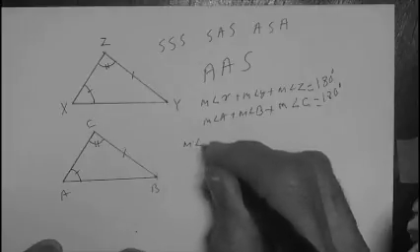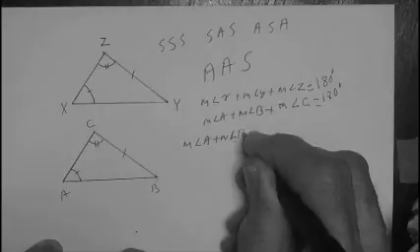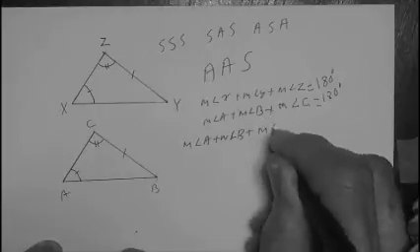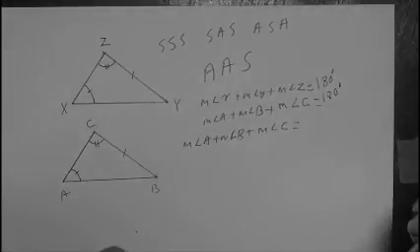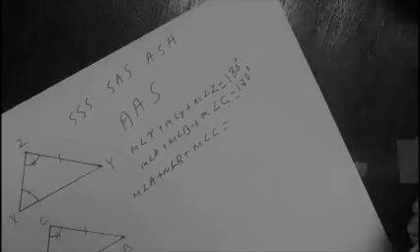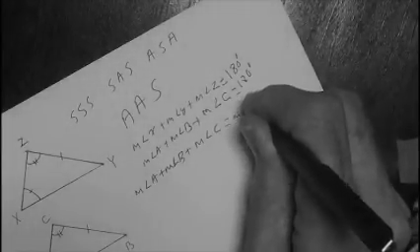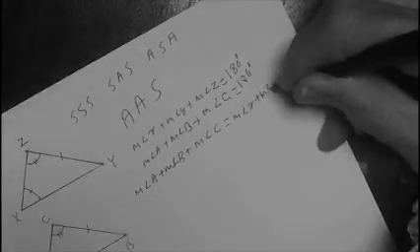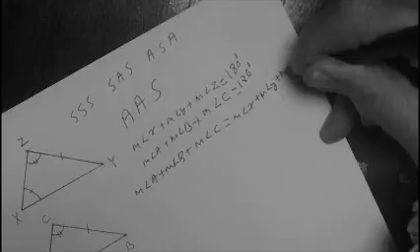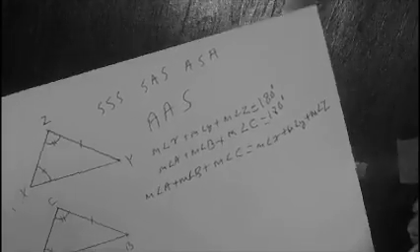The measure of angle A plus the measure of angle B plus the measure of angle C must equal the measure of angle X plus the measure of angle Y plus the measure of angle Z. I'm going to turn this sideways so I can write on it better. I'm sure you have better handwriting than I do.